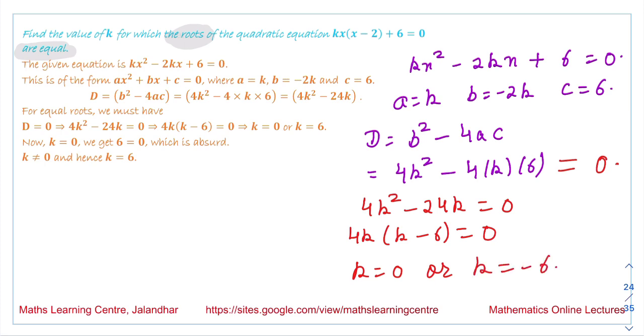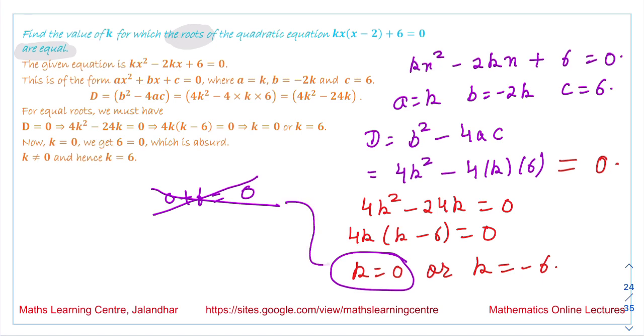So when k is equal to 0, if we put k is equal to 0, then this equation will become 0 plus 6 is equal to 0, and this is not possible for k is equal to 0. Or what we can say, when k is equal to 0, this term will be 0 and we are not interested in these kinds of values.